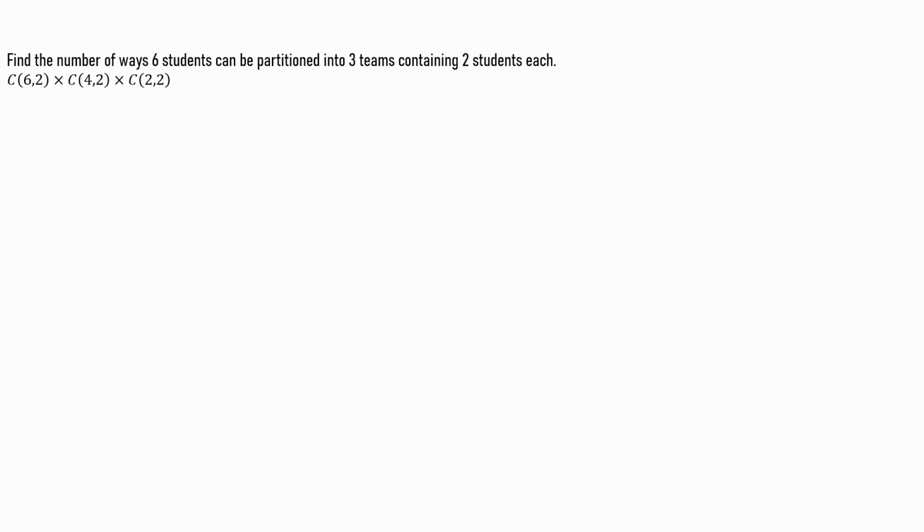Tapos yung last naman, yung combination ng 2 objects taken 2 at a time. So isang way lang yan. Nilagay ko lang yan dyan para yun din yung solution kasi times 1 lang din naman yan. Kumbaga kung sino yung mga matitira dun sa unang pagpili, dun sa first team, second team, sila na yung last. So, sila yung third team.